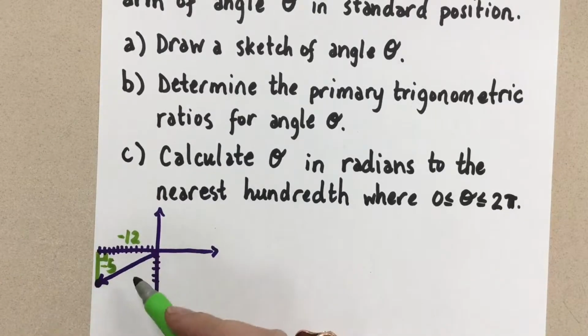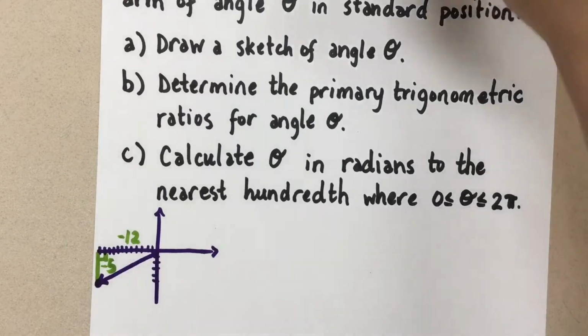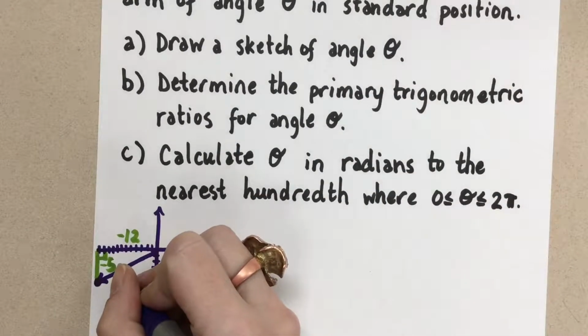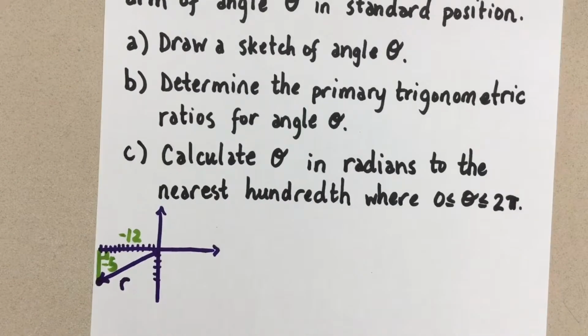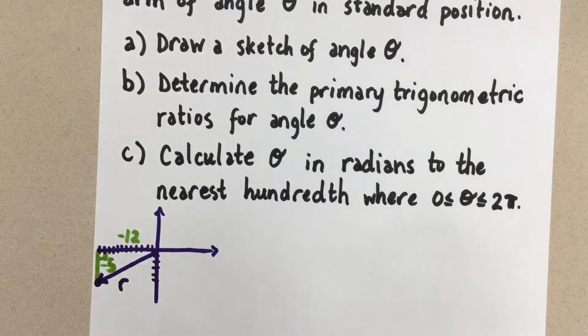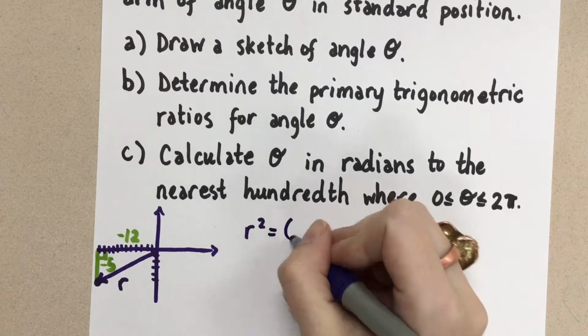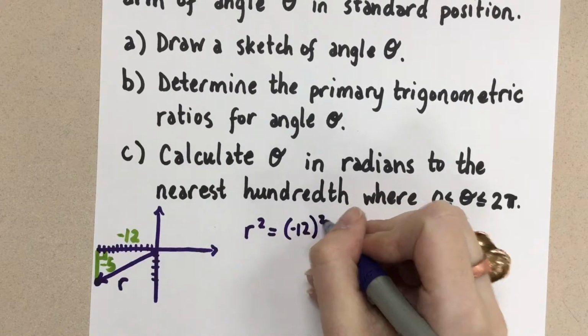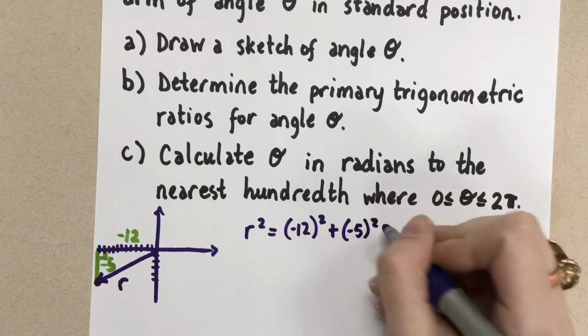So there's the triangle. We're missing one last side here, so we do want to calculate that last side length. So we'll call that r for the radius. Use the Pythagorean theorem to solve for that r value. So we know r squared is going to be equal to the 12, you can use the -12, it doesn't matter because we're squaring it, plus the -5 squared.